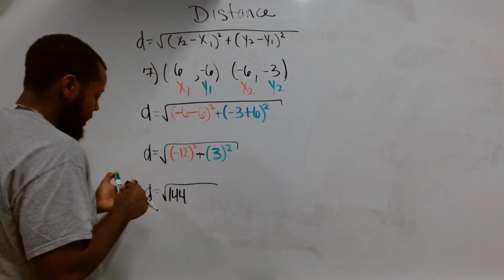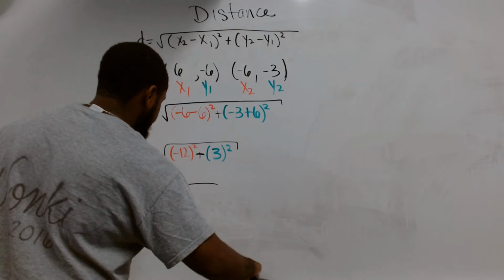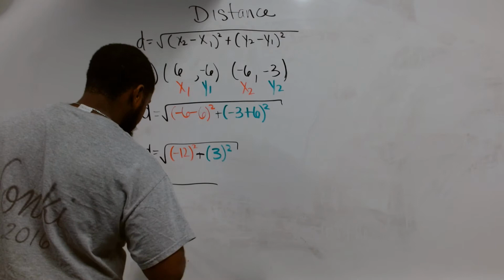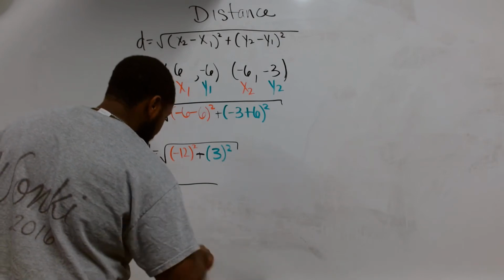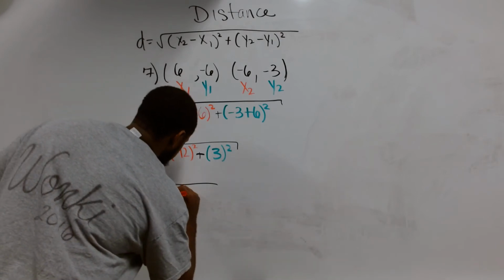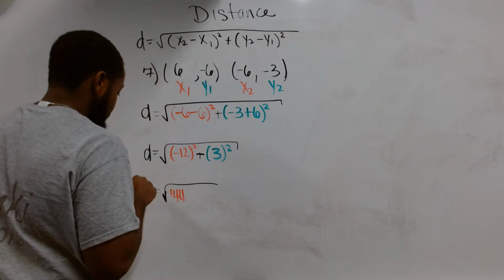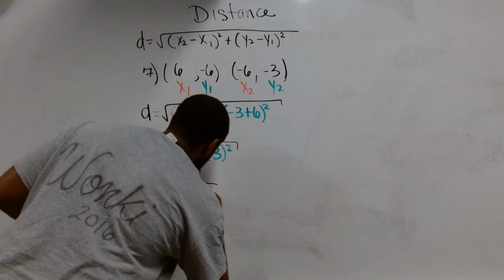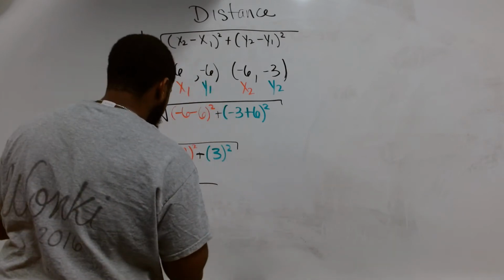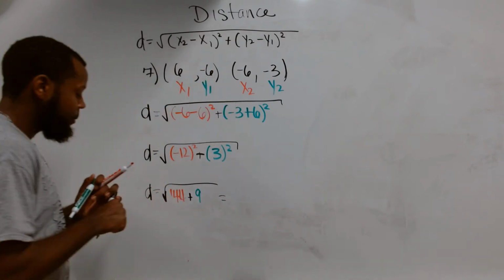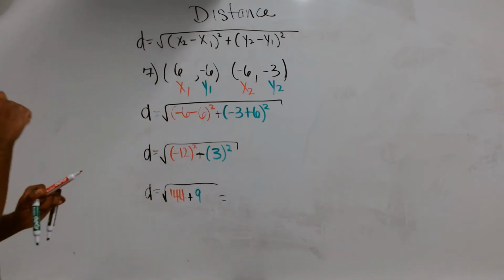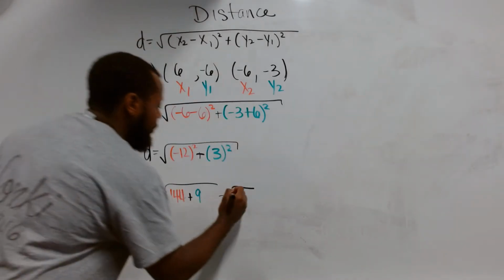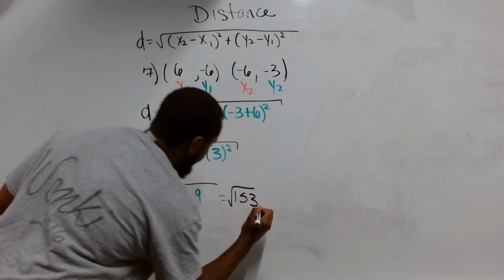And we know 3 times 3, that's 9. So we know 144 plus 9 will equal 153. So we will have the root of 153.